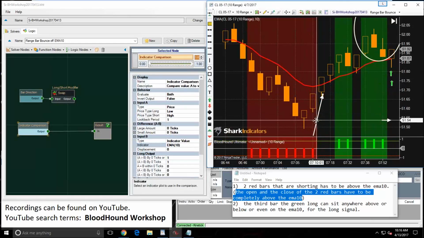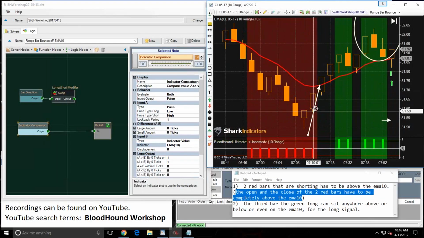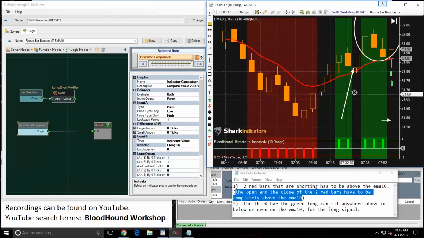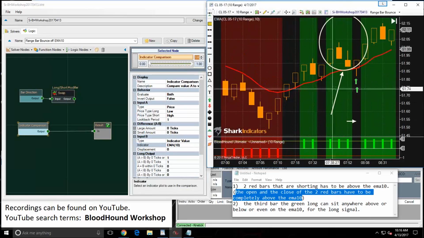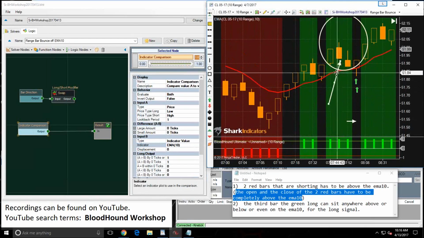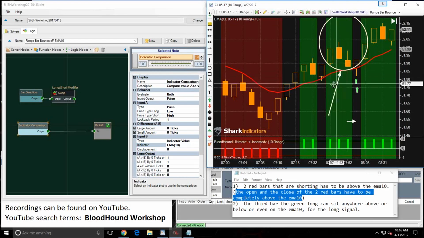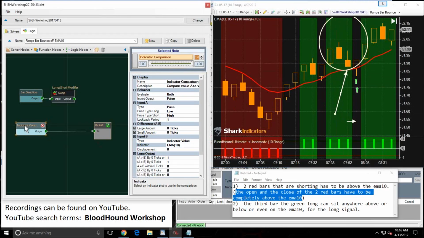And any bars that are straddling that moving average, there's no output there. So the bar is straddling that EMA, there's no output. All right, so that's good. So we got a long output on our 2 down bars when they're completely above the EMA, completely above our moving average. So before we get going too far, let's give this a name here.